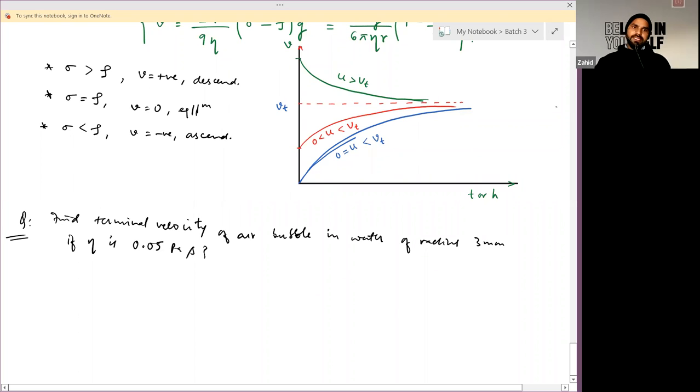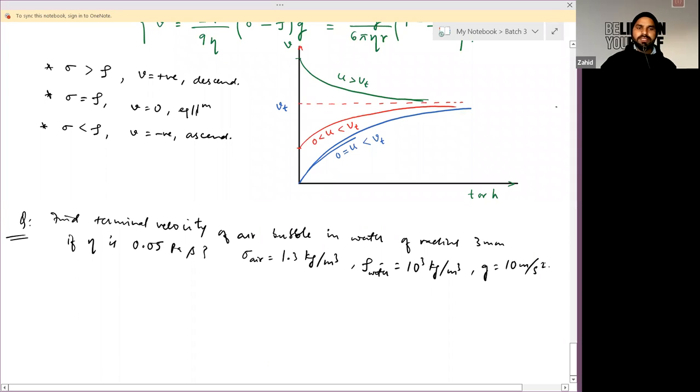Take gravity to be 10. Density of air is 1.3 kg per meter cube, which is very small as compared to density of water, so you can just neglect it. Now use the above formula and try to find.